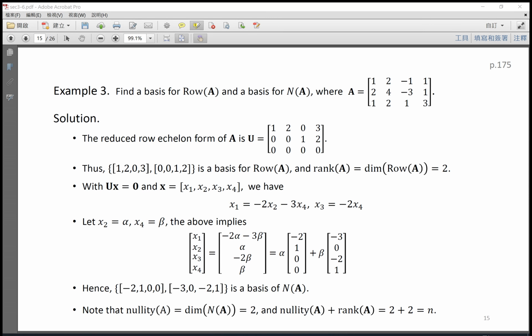Next, I will use Example 3 to illustrate how to compute a basis for the row space and null space of a given matrix A. To do this, the first step is to compute the reduced row echelon form of A, which is denoted by U. U is obtained by a sequence of row operations.